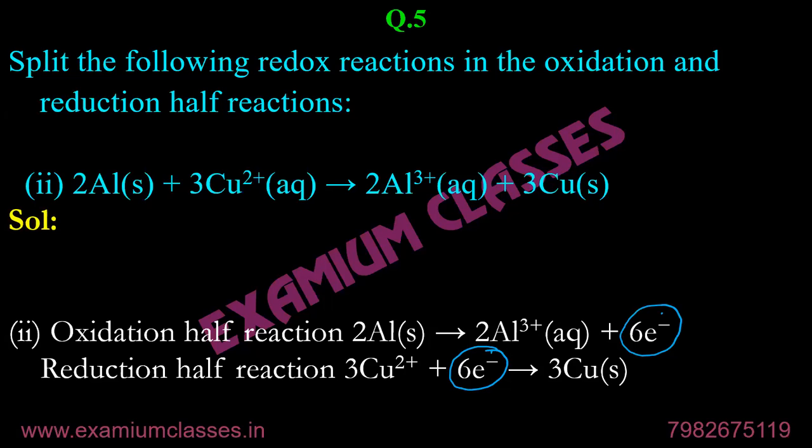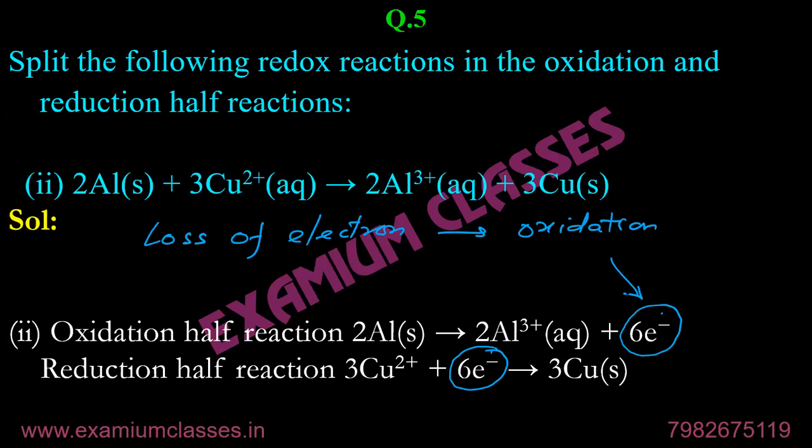Now, another point to see: if it is loss of electron, that is oxidation. So always remember, loss of electron is oxidation. So in the first reaction, it is losing electron, so it will be oxidation.